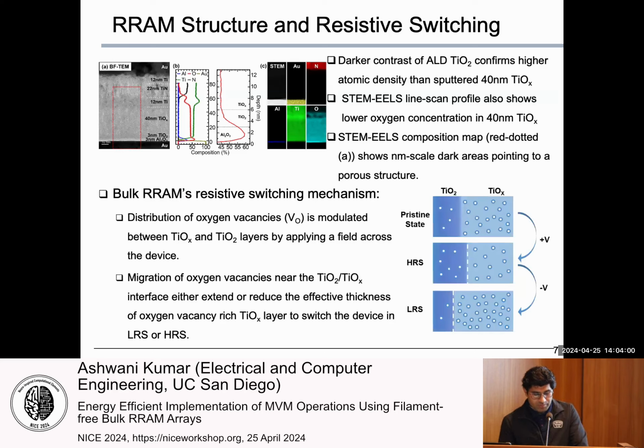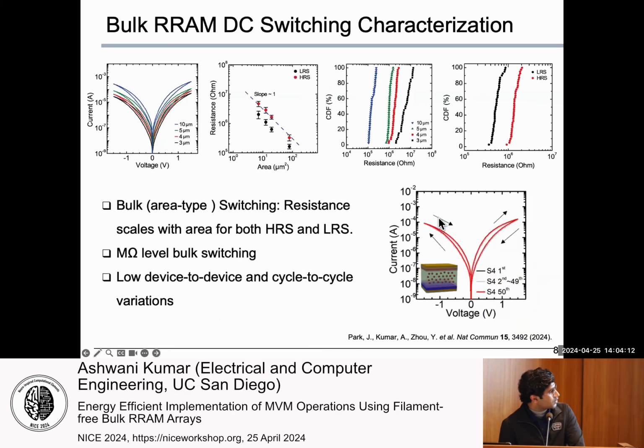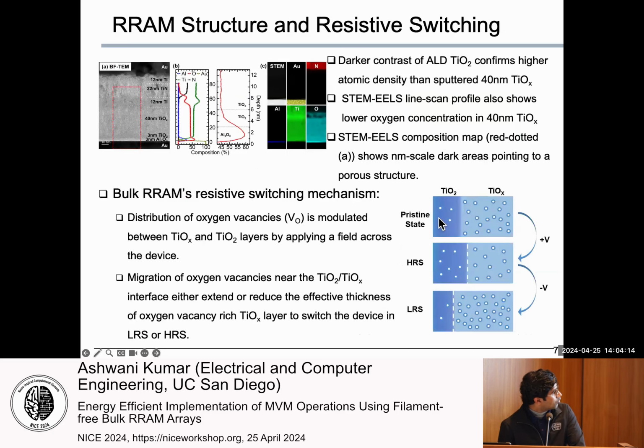In terms of the switching behavior of the devices, like I mentioned, we have two layers. One is the oxygen-deficient layer, which is TiOx, and the other is the oxygen-rich layer, which is TiO2. If we apply a positive voltage, we are able to modulate the oxygen vacancy distribution in the device by applying a particular field.